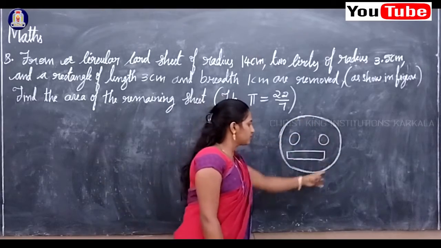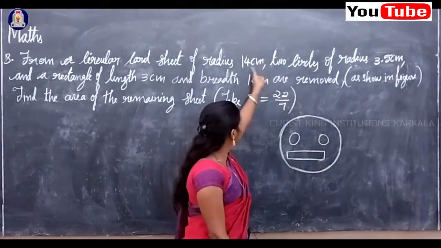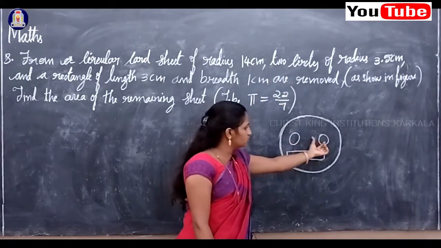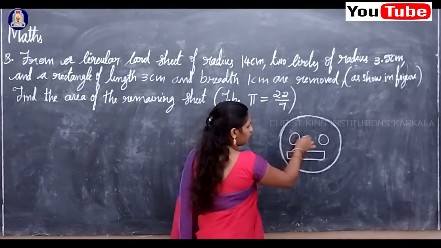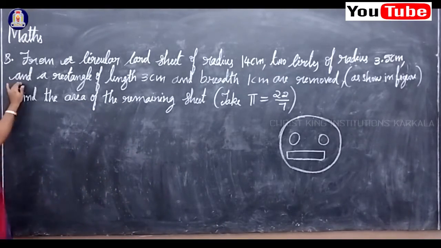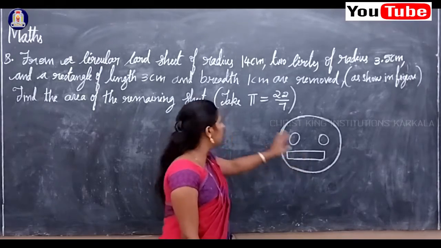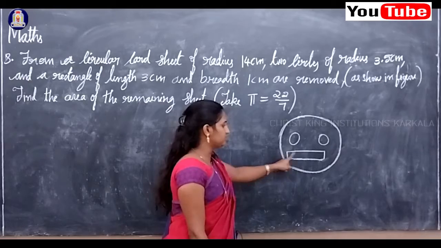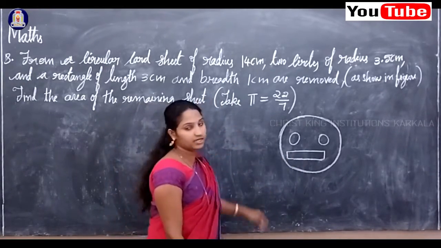Two circles of radius inside that, this is 2 circles, radius is given 3.5 and this is also 3.5 centimeter. And a rectangle of length 3 centimeter and breadth 1 centimeter are removed.